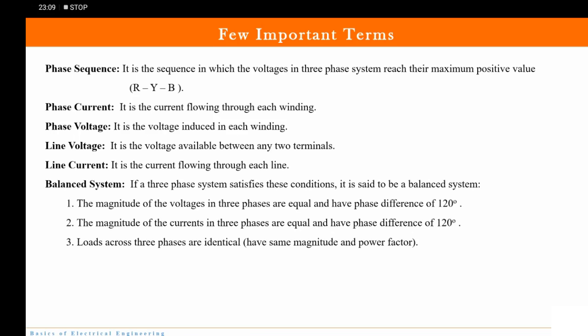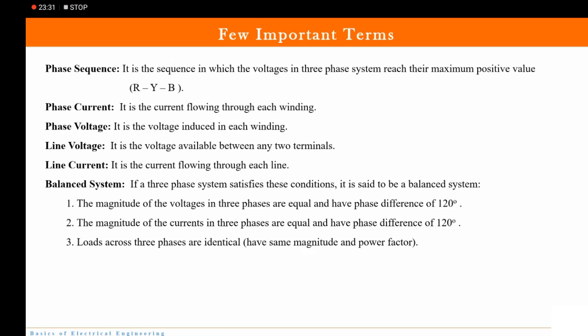Any three-phase system will be a balanced system if it satisfies these three conditions. Now what are these three conditions? This is a very important point, and let me share with you that in our syllabus in BEE only balanced systems are there. We are not supposed to discuss unbalanced systems.